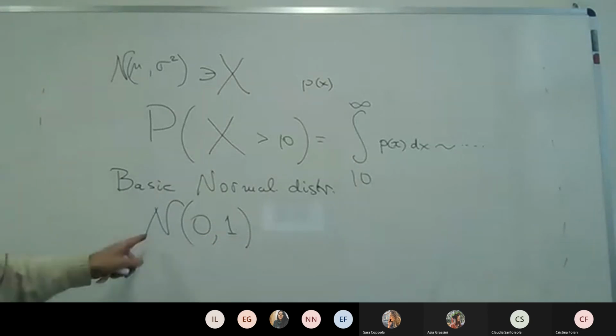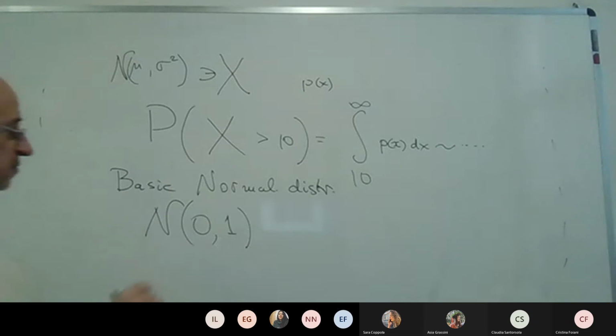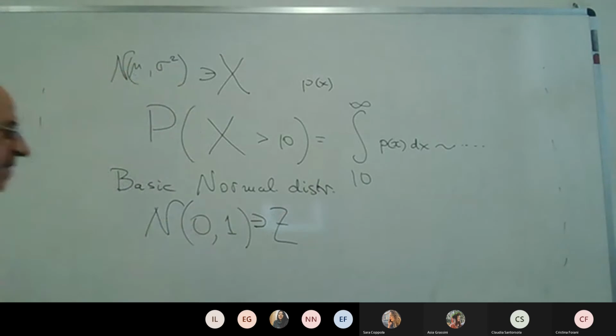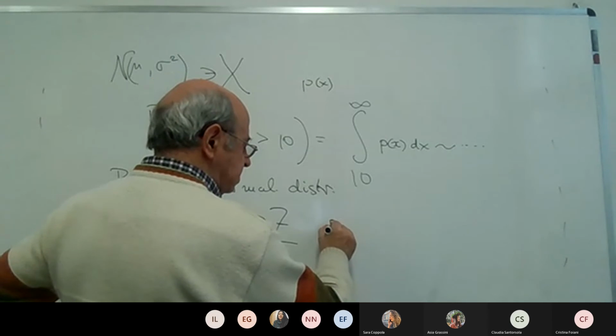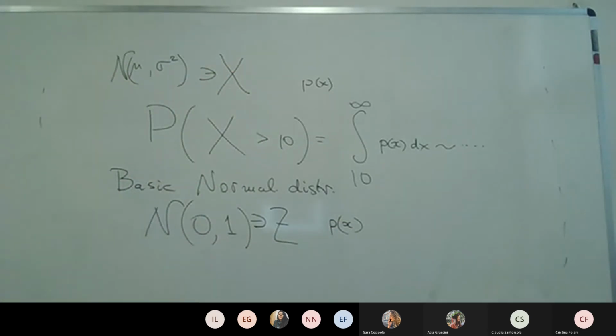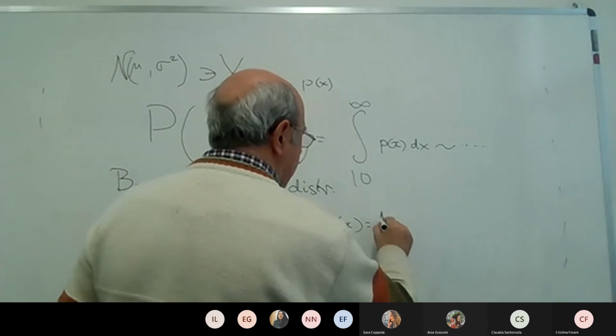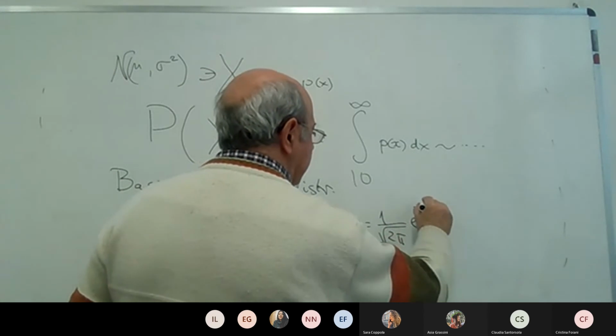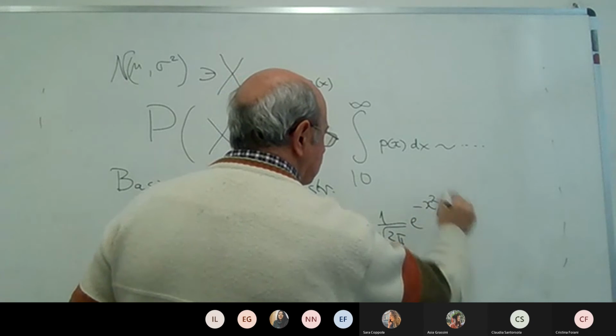For this specific random variable, let us call it zeta, there are explicit tables showing you the values. Let us remind ourselves of this classical random variable, what the density is. This is 1 over square root of 2 pi, e to the power minus x squared divided by 2.